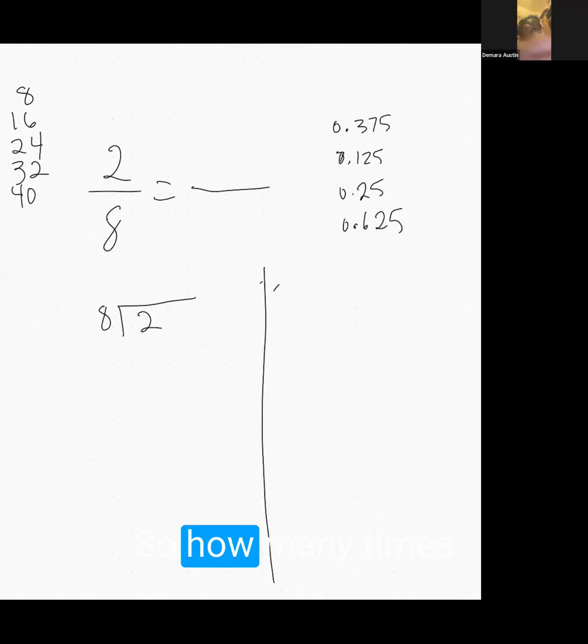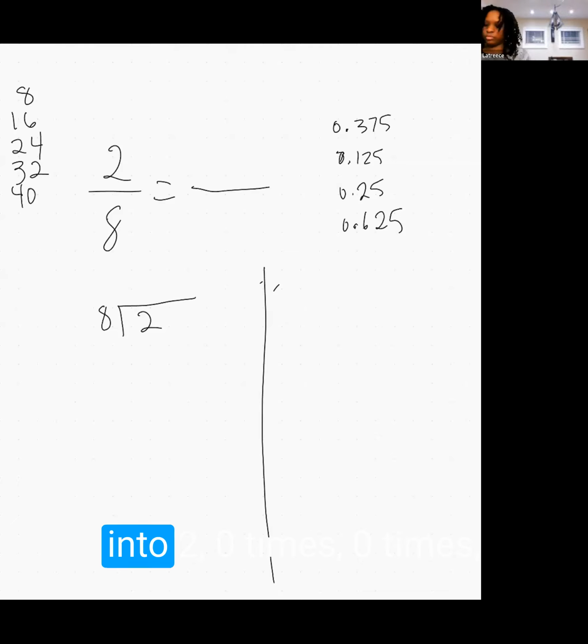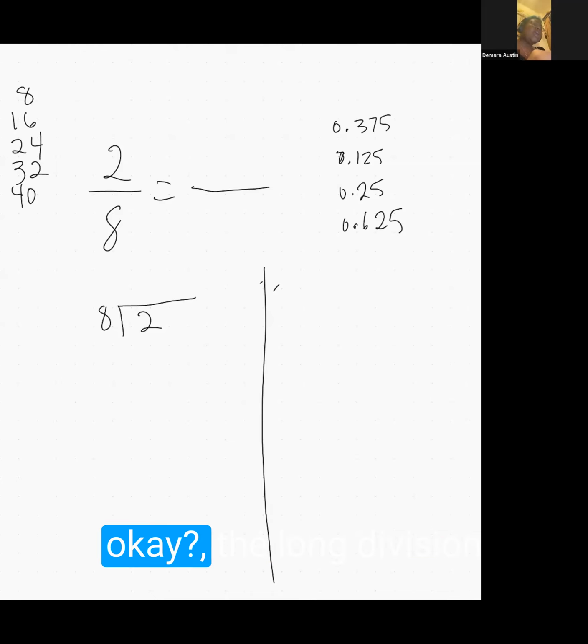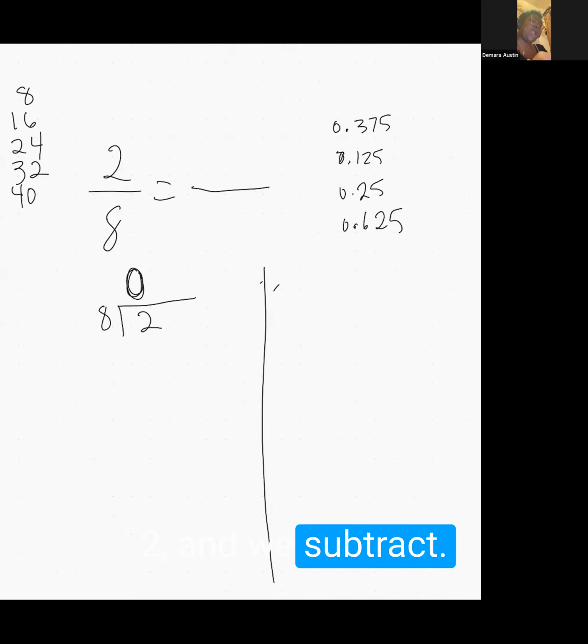All right. So how many times does 8 go into 2? I don't think that's possible. Not possible. So 0. 8 goes into 2 0 times. In the long division process, we do 8 times 0, put that underneath 2, and subtract.